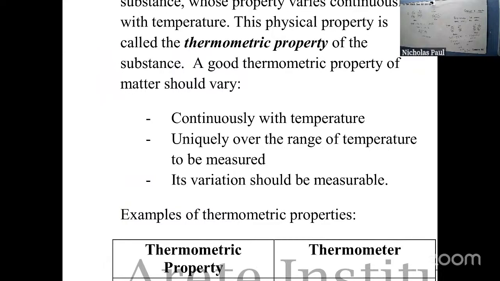A good thermometric property. Wait, everybody have the handout? No. It's in the group. All right. Wait, Kalina, you didn't get the sign after you. Module 3, second thing. Yeah, follow it down.